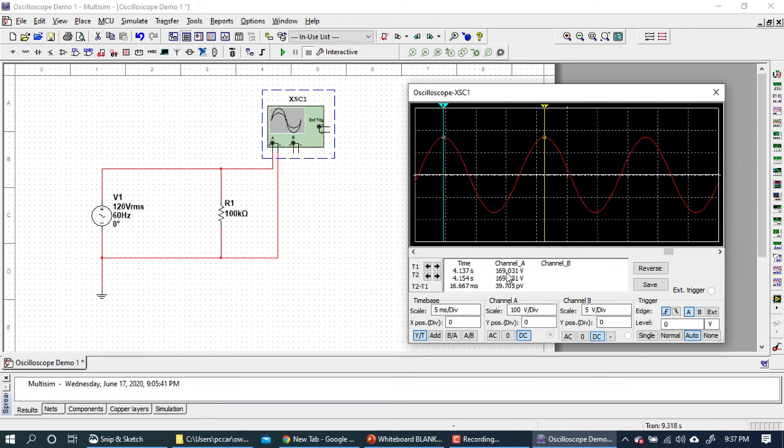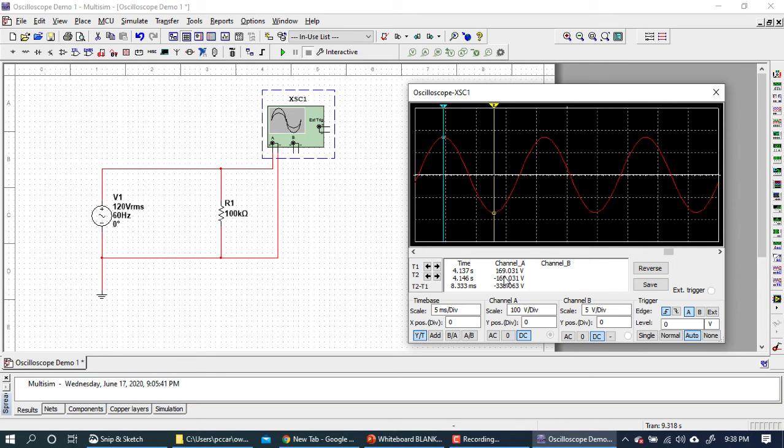Also, we know from our cursors that our cursors are sitting at 169.031 volts. That tells me the positive voltage at that point, 169.031 volts, and so it is with the second cursor as well. That has nothing to do with the time relationship, but it does show us the peak voltage of this waveform. If I move the second cursor down to the negative peak, notice the second cursor now is at negative 169.031.